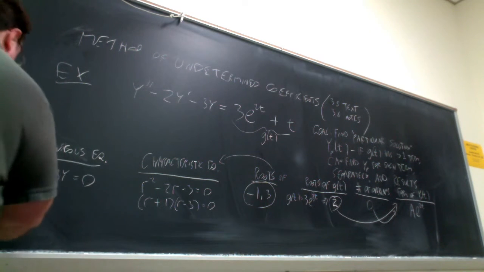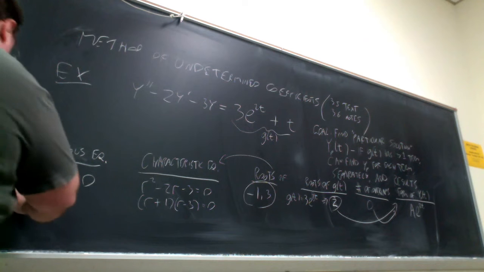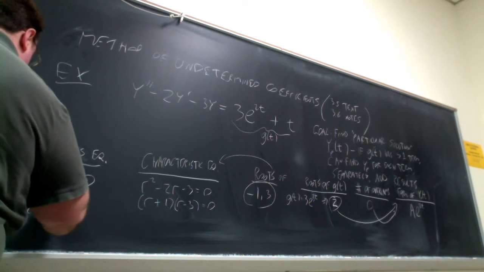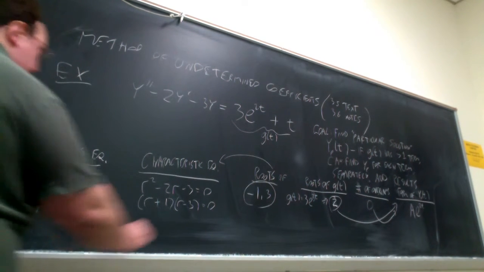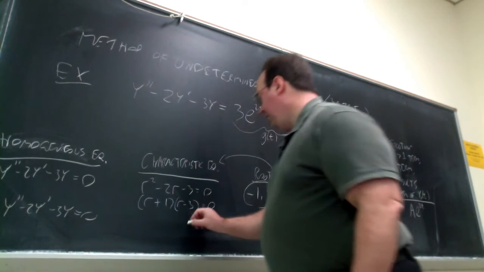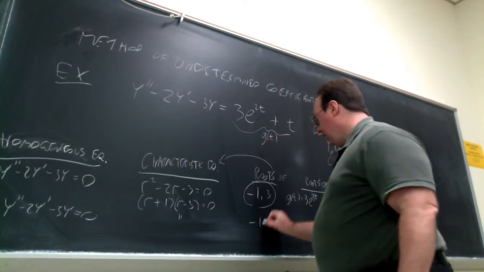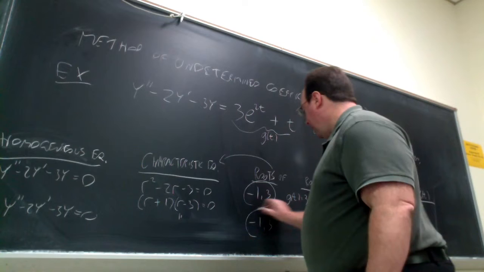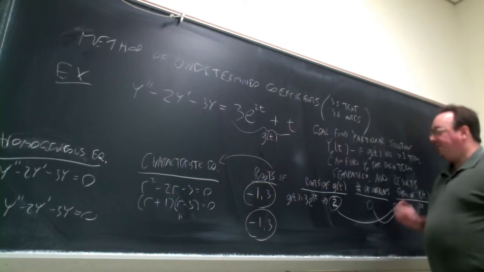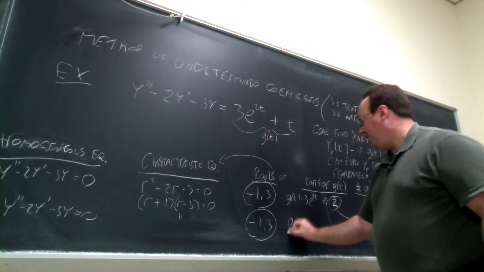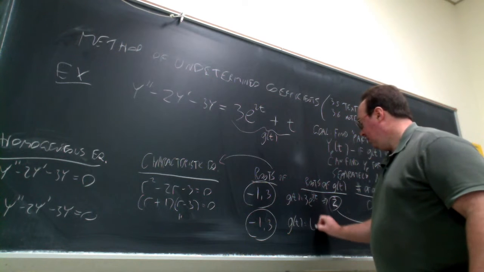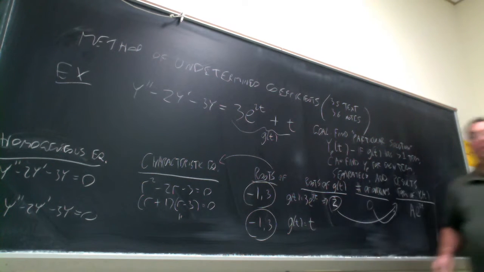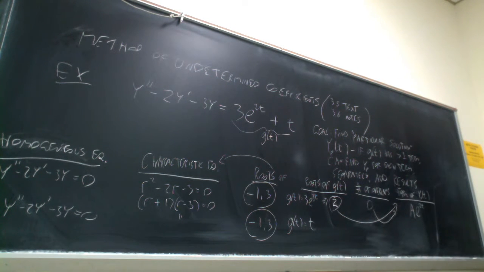The second one, well, the first few steps will be the same, because we're dealing with the same underlying DE. I'll skip to here, where we have minus 1 and 3 are roots. So now for g of t equal to t, like I said, you look for sines and cosines, you look for exponentials.